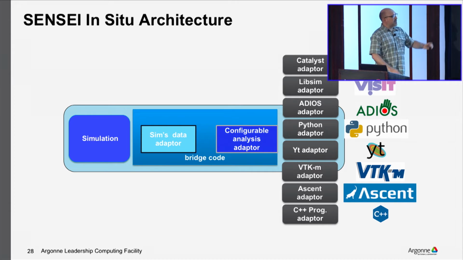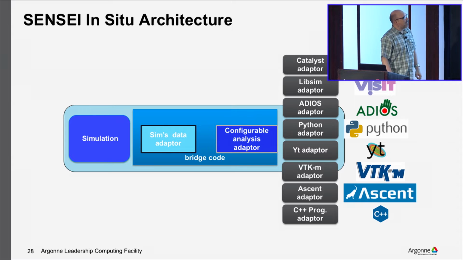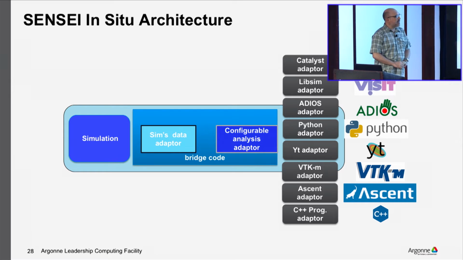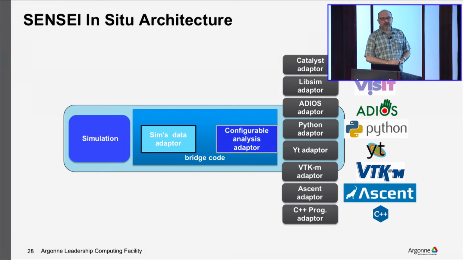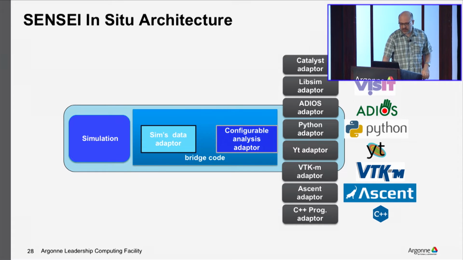There is a configurable analysis adapter on the right side, and I'll show in a moment how it takes XML configuration files, and you can easily change the backend that you're going to use. And there's this bridge code gluing everything together.